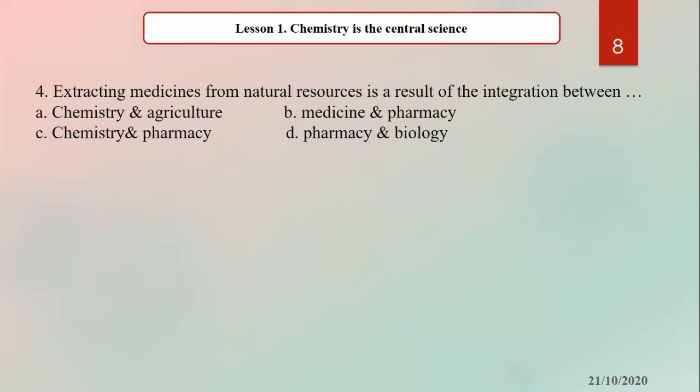Let's take another question, okay? Extracting medicines from natural resources is a result of the integration between chemistry and agriculture, medicine and pharmacy, chemistry and pharmacy, or pharmacy and biology.